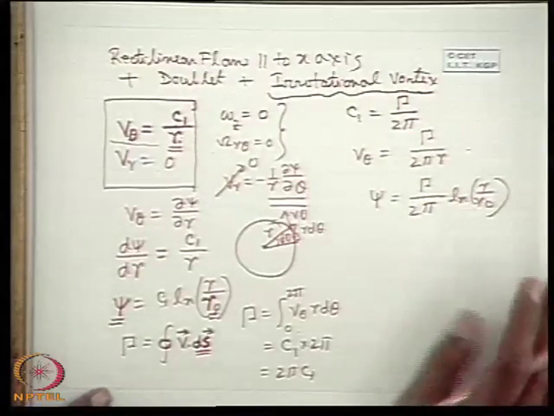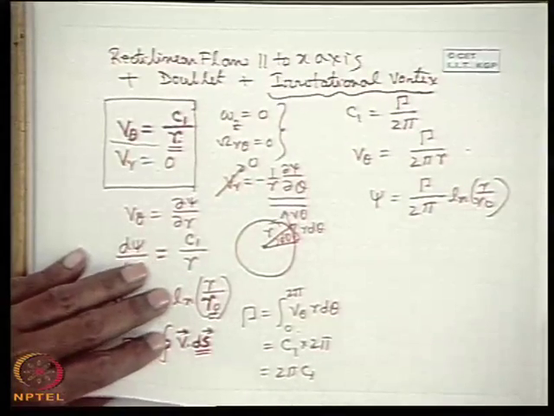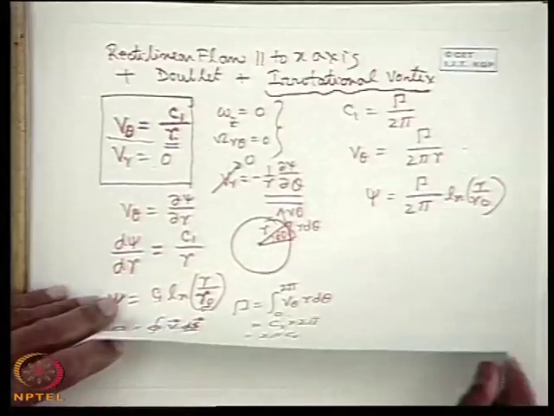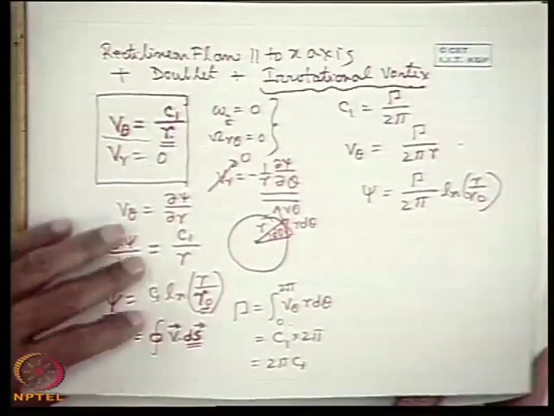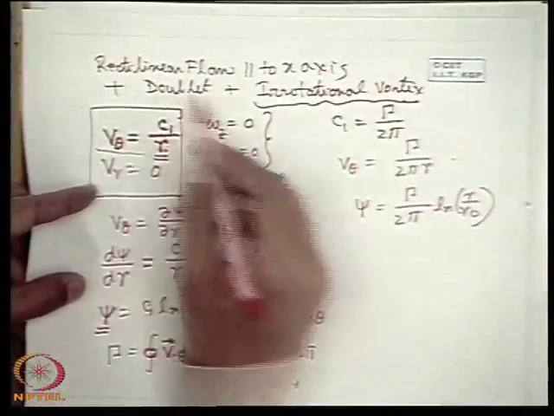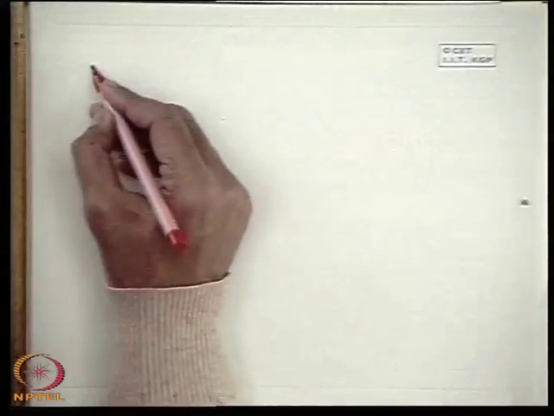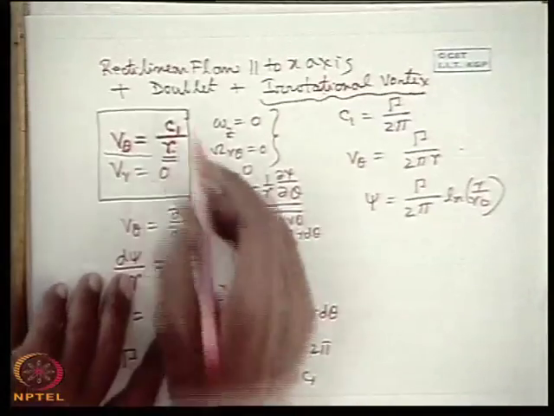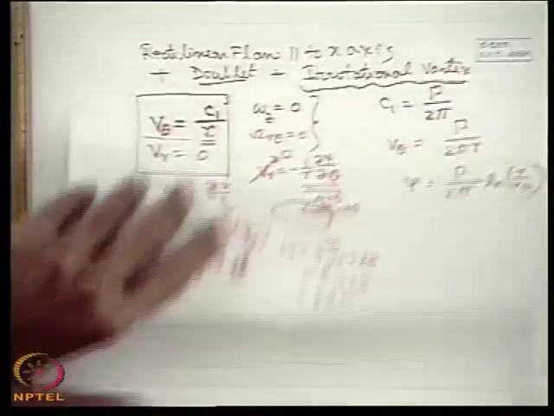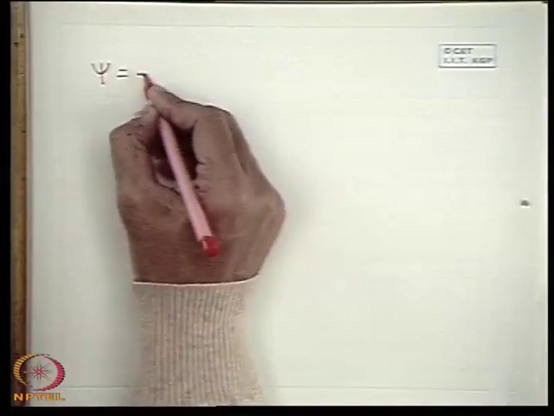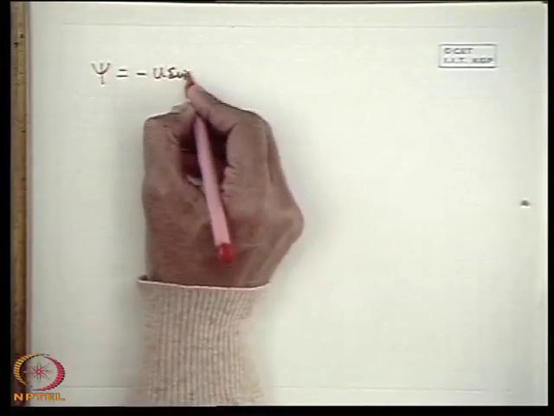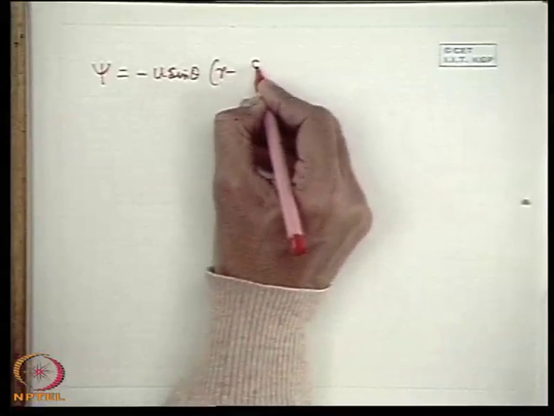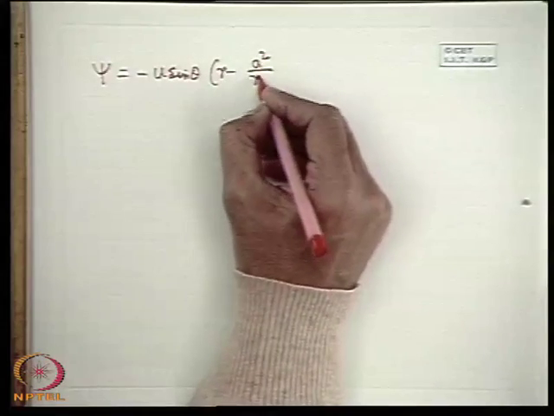So if we know this now, the combination of the rectilinear flow parallel to the x-axis, doublet and irrotational vortex flow gives a stream function which is, first of all, the rectilinear flow and doublet give the stream function which we have already derived as minus u sin theta into r minus a square by r.